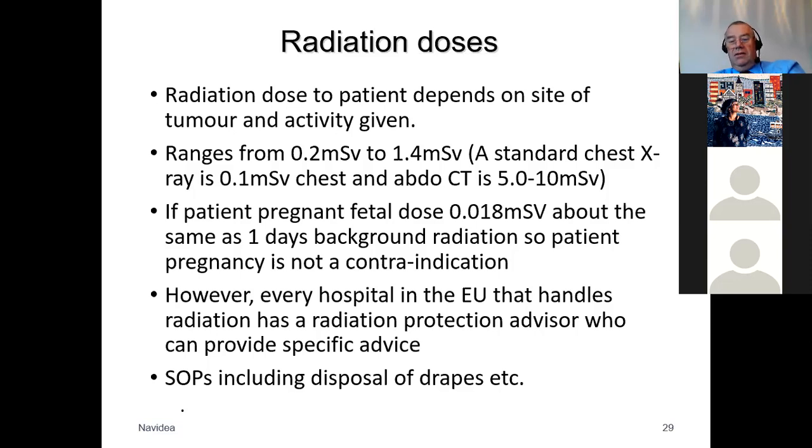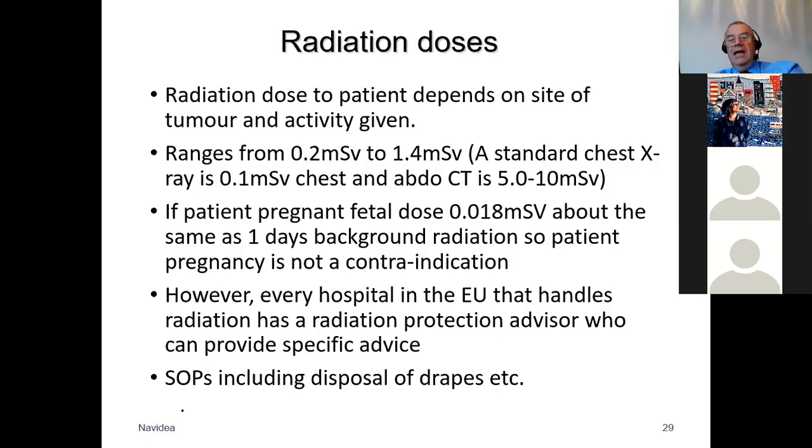What about a fetal dose? Well, it depends again where you inject. If you're injecting a melanoma that was on the abdomen, then obviously the fetal dose would be much higher. But if you were, for example, dealing with a patient who has a breast cancer or a truncal melanoma or head and neck melanoma, then the fetal dose from that injection is about 0.018 millisieverts.